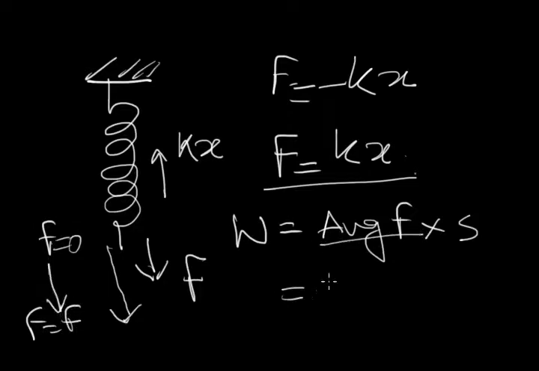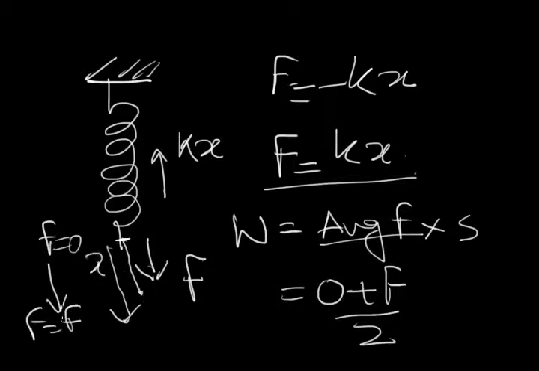So the force is (0 plus F) by 2. The 0 is the force at the initial natural length position, and then when you extend it, it comes to an extension of x, and the force is F. So that into x.